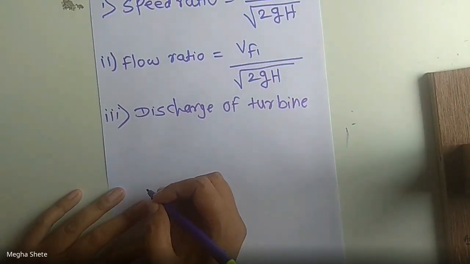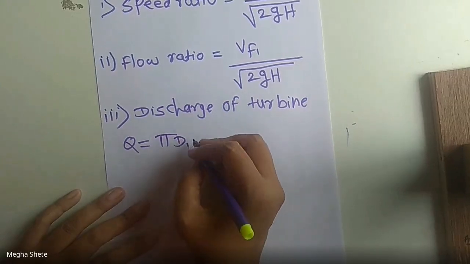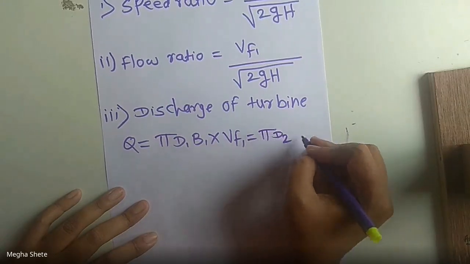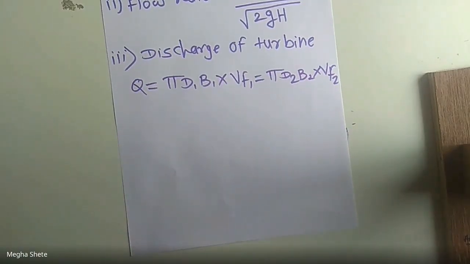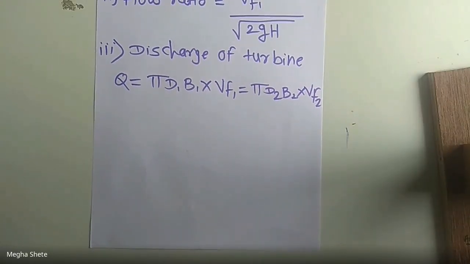The discharge through a radial reaction flow turbine is given by Q is equal to pi D1 B1 into VF1, and that is equal to pi D2 B2 into VF2, where capital D1 is the diameter of the runner at inlet, B1 is the width of the runner at inlet, and VF1 is the velocity of flow at the inlet, and D2 is the diameter of the runner at outlet, B2 is the width of the runner at outlet, and VF2 is the velocity of flow at the outlet.